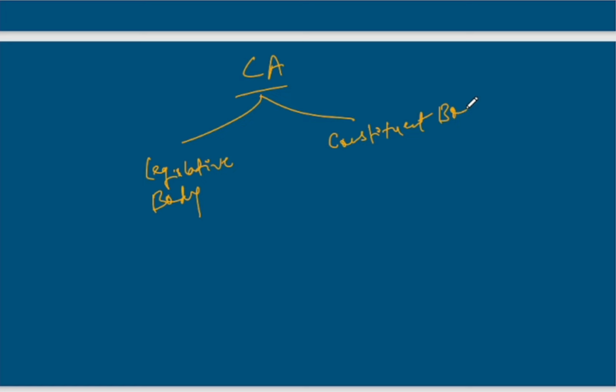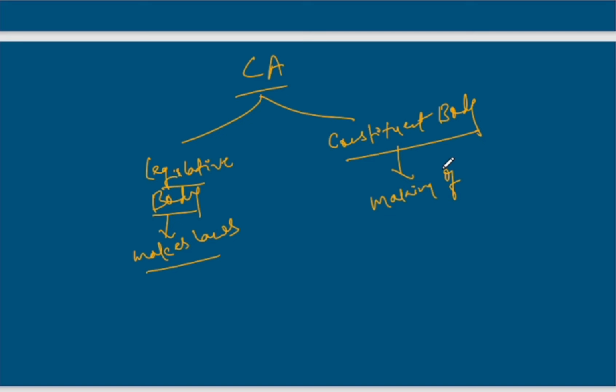So when the Constituent Assembly functioned as a legislative body, it used to make laws, and when it was functioning as a constituent body, it was doing the work of making the constitution.